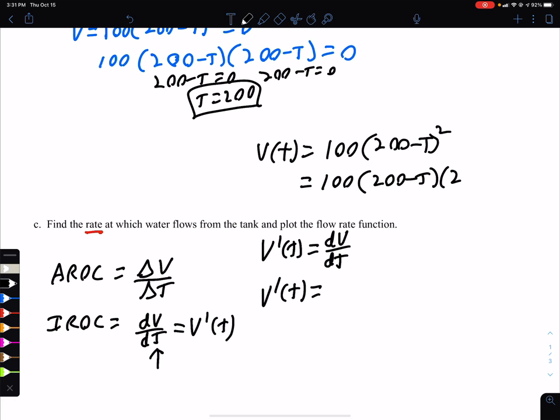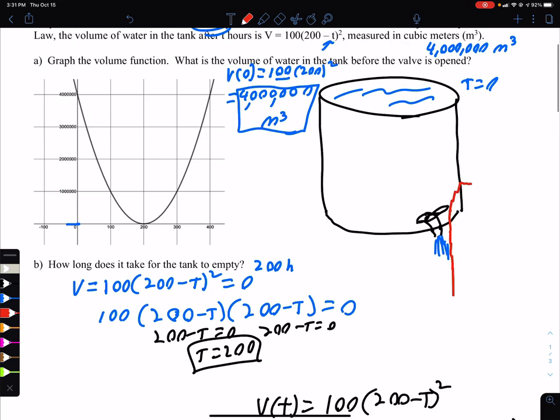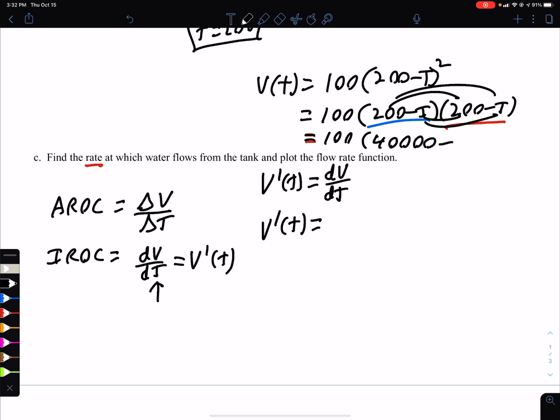Now, you could do product rule, because you could see we have the product of two functions here. So product rule is a possibility, but there's an easier way. We're going to multiply all this out. If we do that, we get 40,000 minus 400t plus t squared.